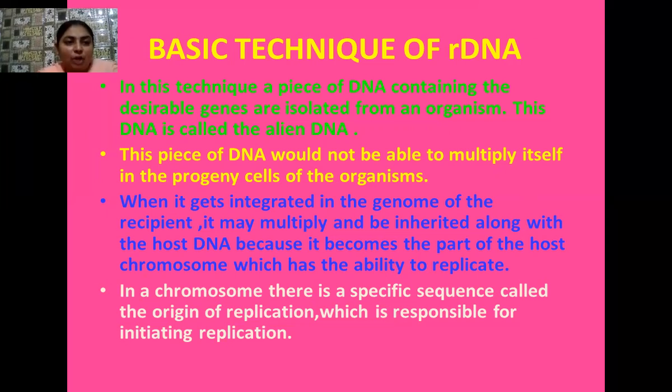For this purpose, we know that in the chromosomes of the host organism where we want to insert this alien piece of DNA, a site is present, and that is known as the origin of replication.